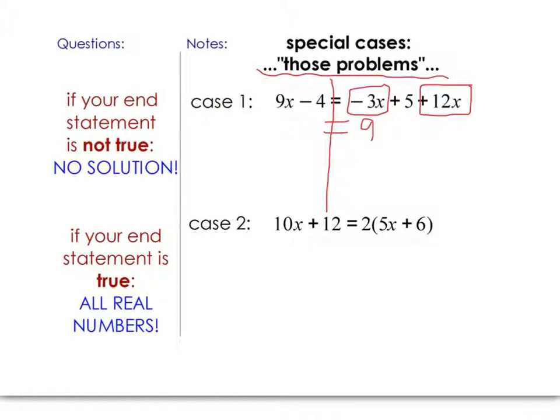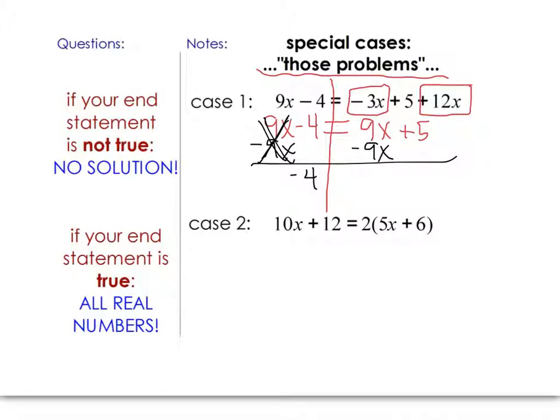It gives me 9. I got to attach that x again. So I get 9x plus 5 on one side and then 9x minus 4 on the other. Well, if I subtract 9x from both sides to get my variables together, 9x minus 9x cancels. I get negative 4.